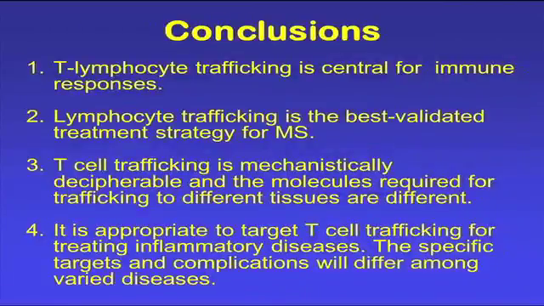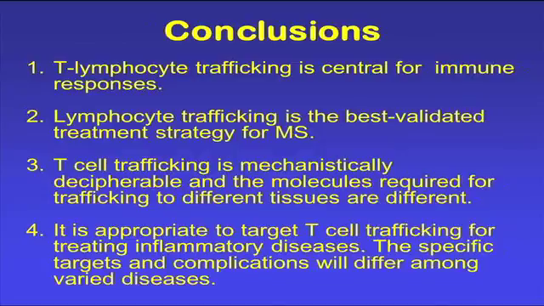So in conclusion, T-cell trafficking is central for immune responses. Blocking T-cell trafficking is the best validated treatment strategy for multiple sclerosis. T-cell trafficking is mechanistically decipherable. By that I mean we can identify the molecules that get T cells to the various places in the body where they go.